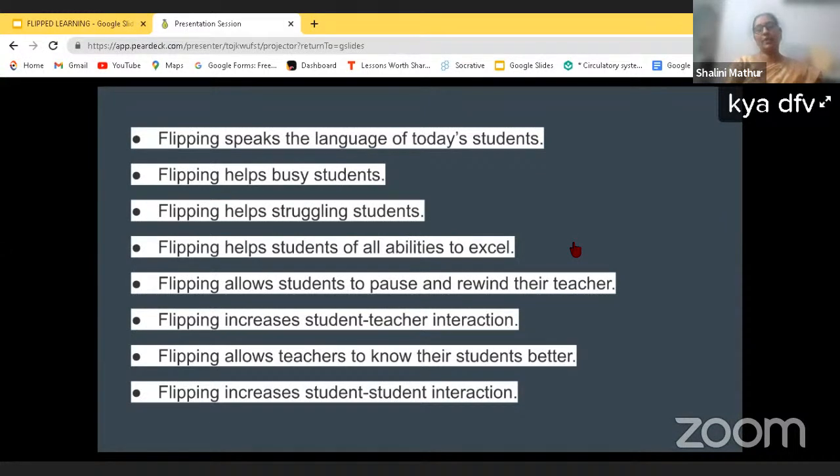Flipping increases student-teacher interaction. When we talk about student-teacher interaction, most of the hindrance is the misunderstanding or miscommunication between teacher and student. When the student does not perform, the teacher thinks ये सुनता ही नहीं है, or ये सुनती ही नहीं है, and the student thinks whenever I approach the teacher, she does not pay any attention to me.